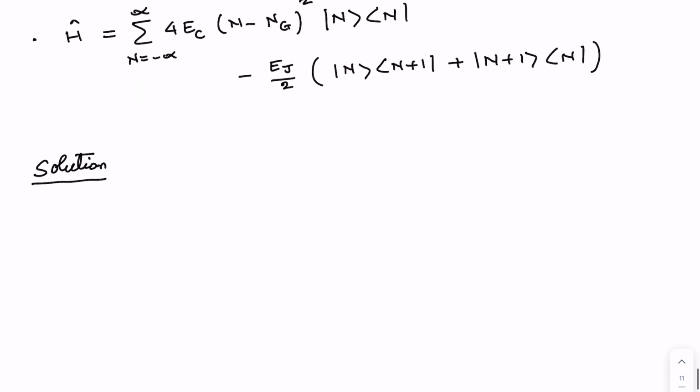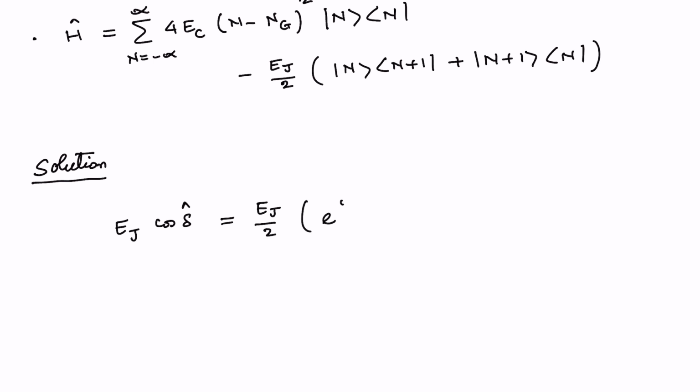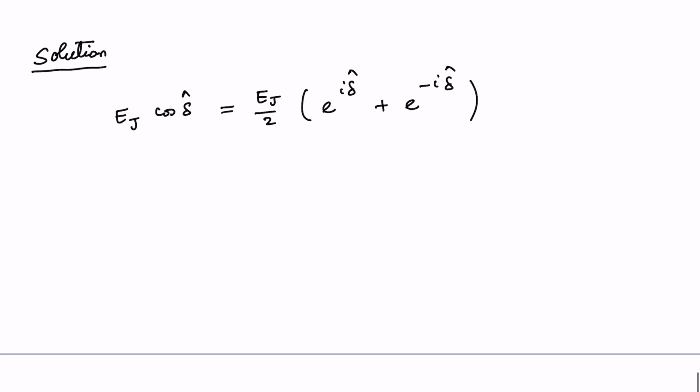This term I can write as Ej cos of the phase operator delta, as Ej by 2 times e to the power i delta cap plus e to the power minus i delta cap, and it's quite obvious. Now e to the power i delta cap is a quantum mechanical operator.